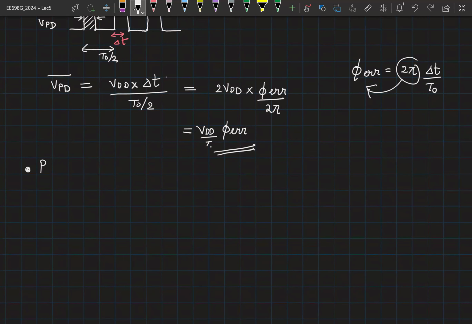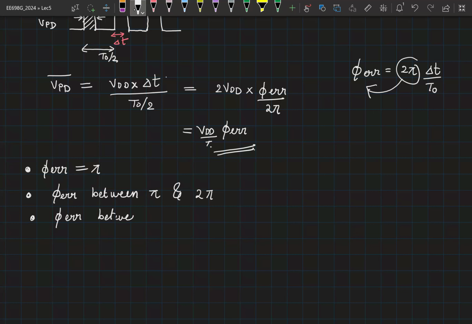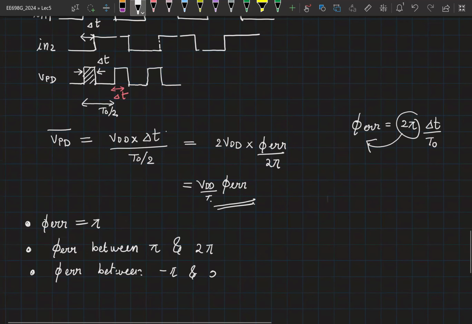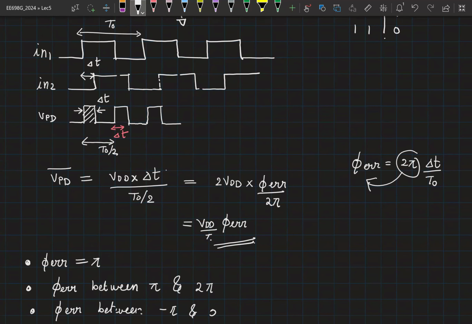So you have to calculate VPD average for phi error equal to pi, for phi error between pi and 2 pi, and you also do this operation for phi error between minus pi to 0. So you will have to adjust your integral for all 3 conditions and see if you are still coming up with the same result.